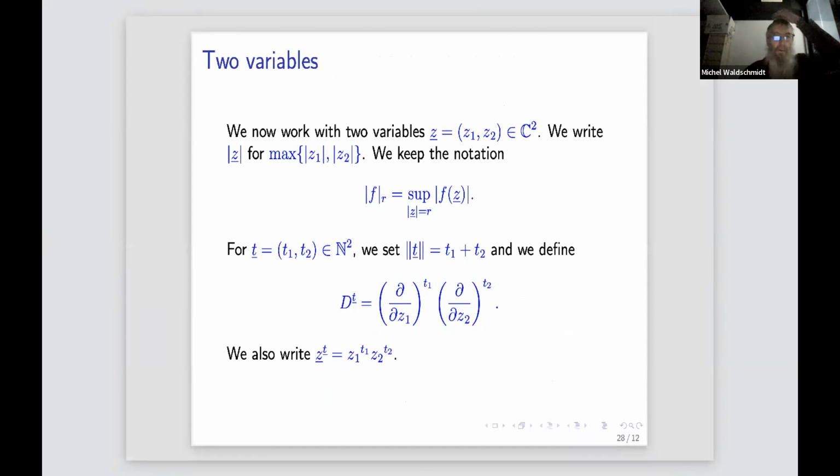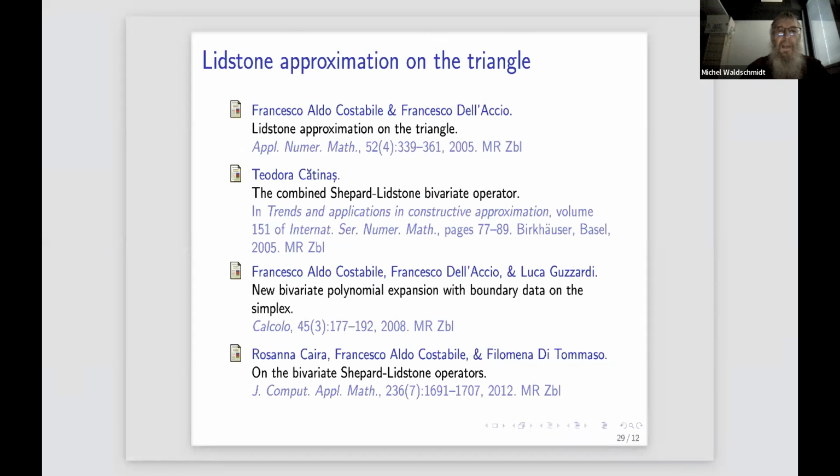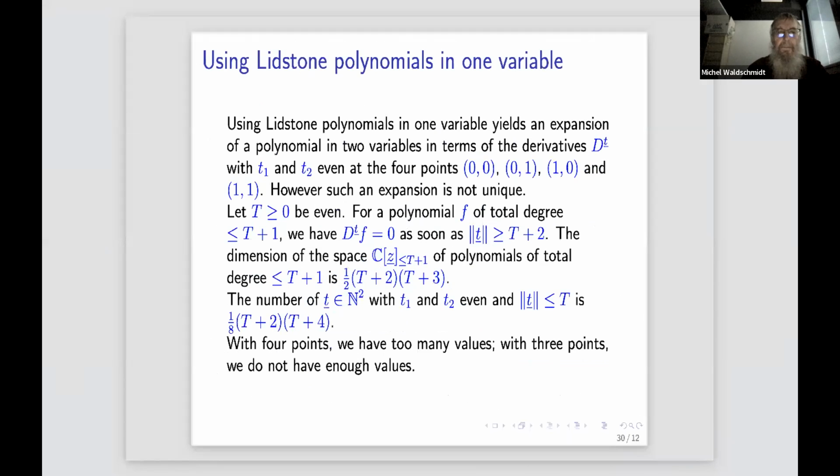Okay, let me go to two variables. So I work with two variables. I have the derivative dt, which is derivative with respect to z1 t1 times and with respect to z2 t2 times. There are very few references on two variables, but they do not enable the development which I will explain.